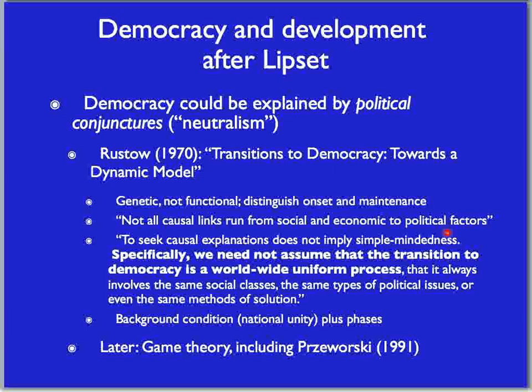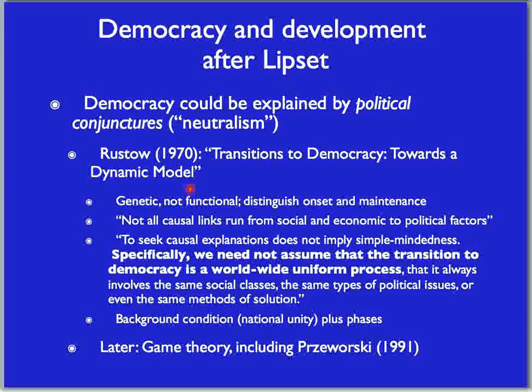Well, if all of that is true, how do you get a theory at all? I mean, he says, well, towards a dynamic model, but if it can be different, how are you going to get a model at all? Well, what Rustow tries to do is to talk about different phases of democratization in different countries and some sets of political events that go together in a transition to democracy.